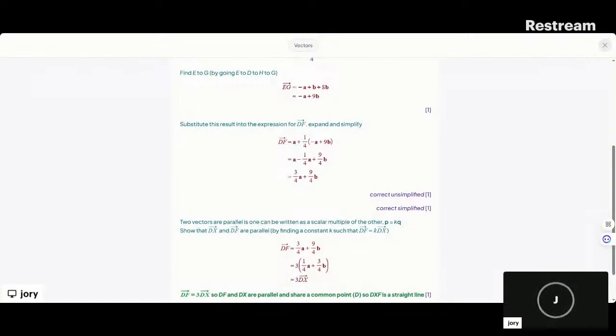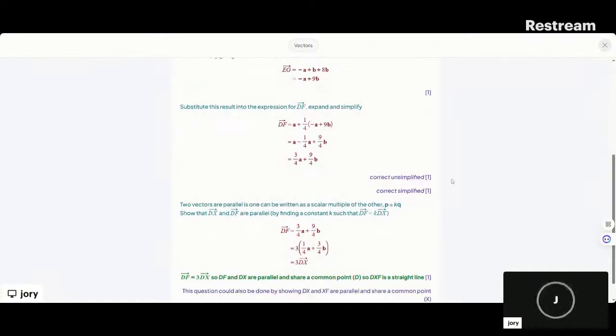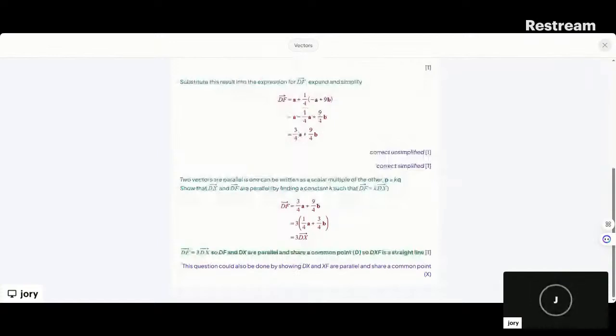Okay, so DF is DE plus EF, which is 3A over 4 plus 9B over 4, which is A. Okay, so I got those 2 marks. And then DF is 3 times DX, or DX is 1/3 of DF. So the question could also be shown, blah blah, point. Okay.